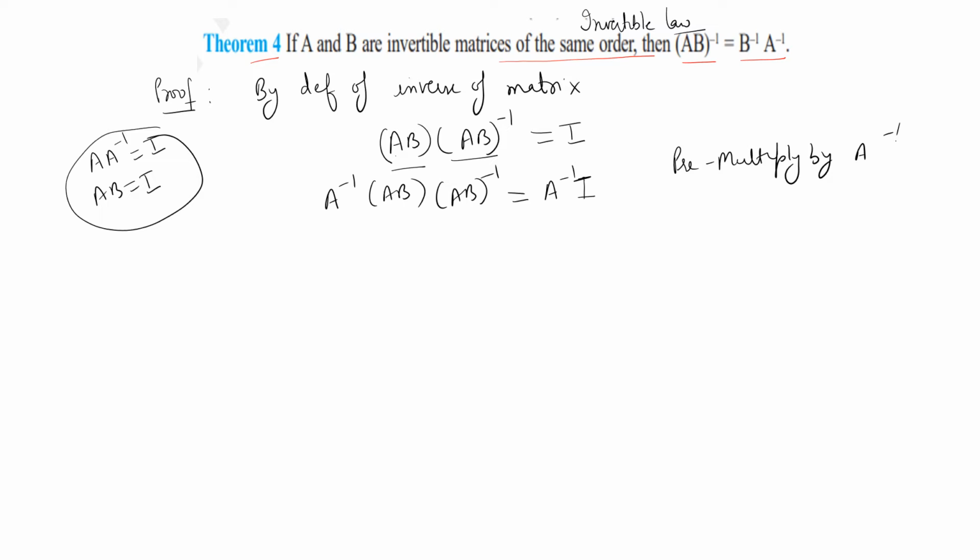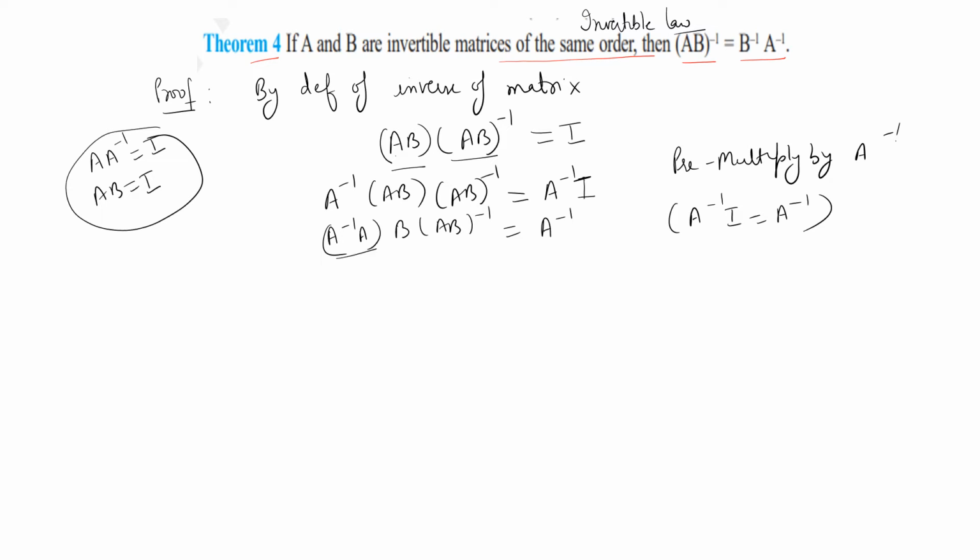Now I will work out some association. A inverse into A, into B, B is left alone, into AB whole inverse. Now this B will be balanced by B inverse. A matrix multiplied with the identity matrix gives the same result, so A inverse into I is equal to A inverse.